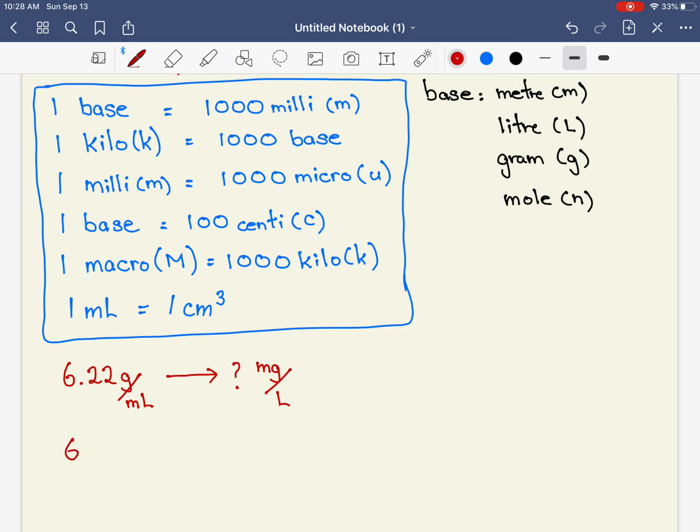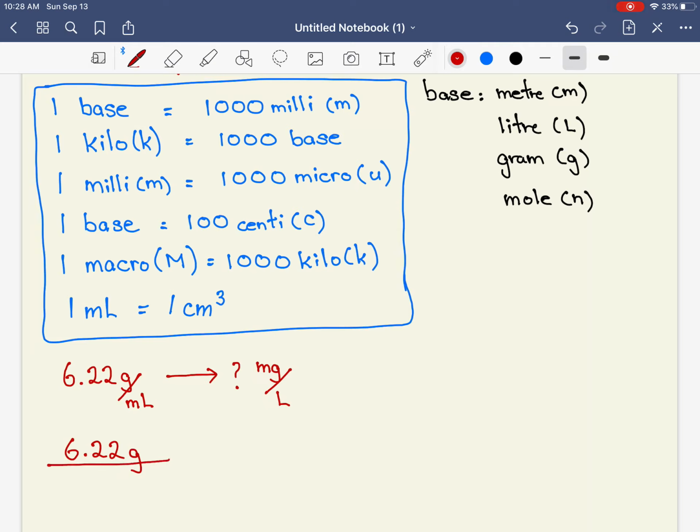Okay? So let's do it. Let's do this together. So you have 6.22 grams per milliliter. Now what that really means, okay, when you have a unit of relationship, is 6.22 grams for every milliliter. Or you can say for every milliliter, there is 6.22 grams. So you can set that up as a fraction.